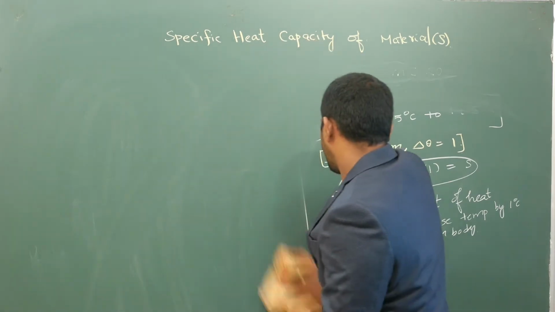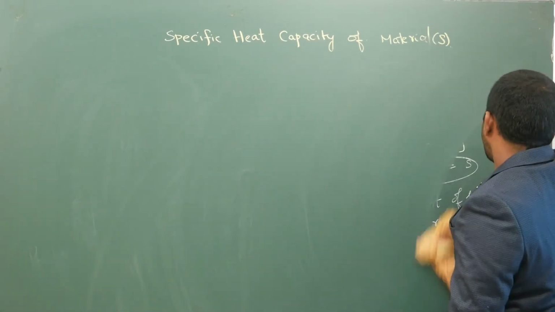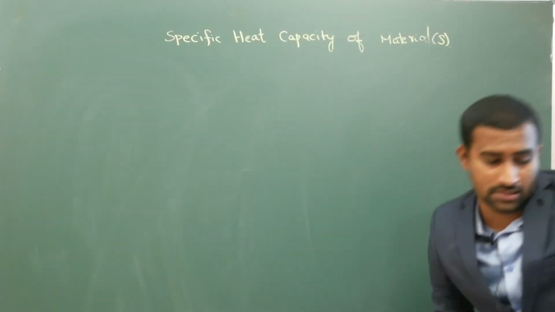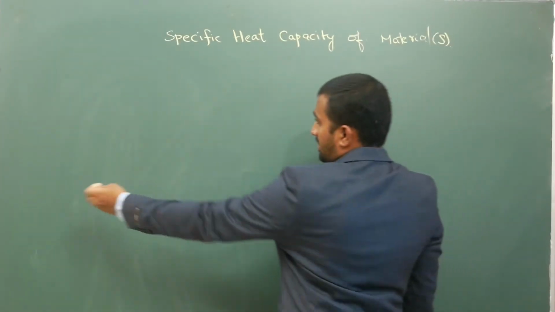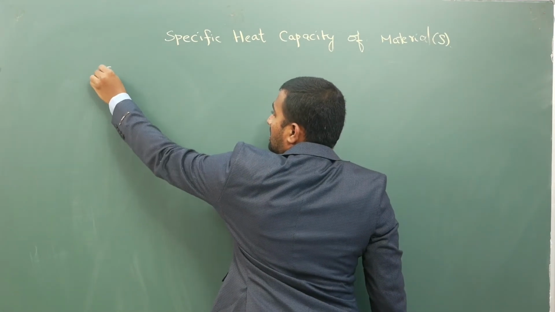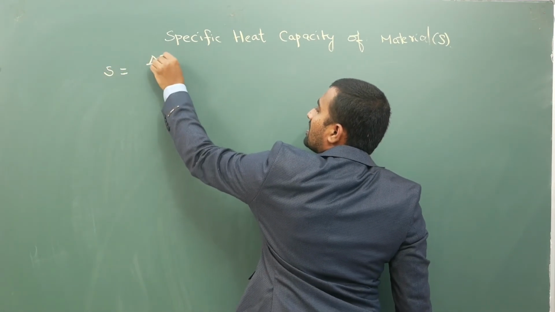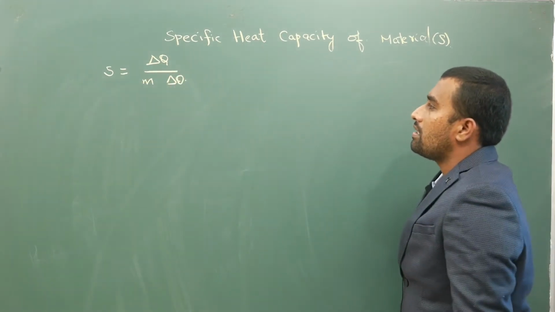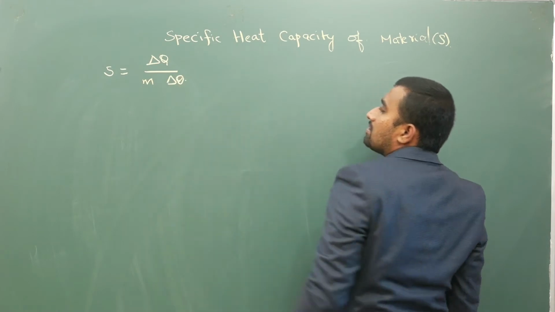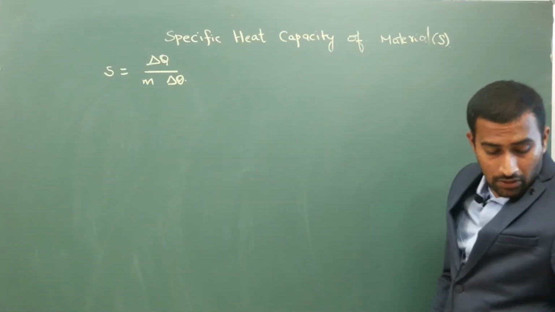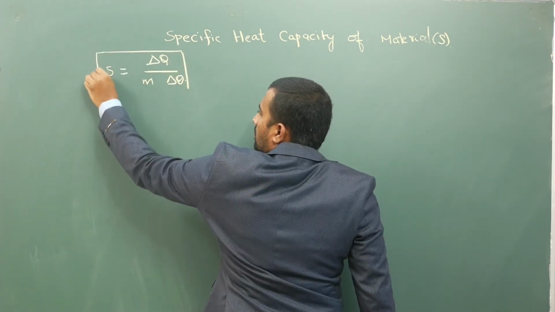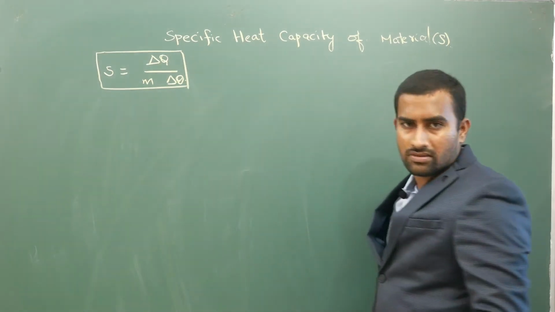Your specific heat capacity from this part can be written as S is equal to delta Q by m into delta theta. This is your temperature difference, delta Q by m into delta theta. Now from this definition, your SI and CGS units we will discuss.